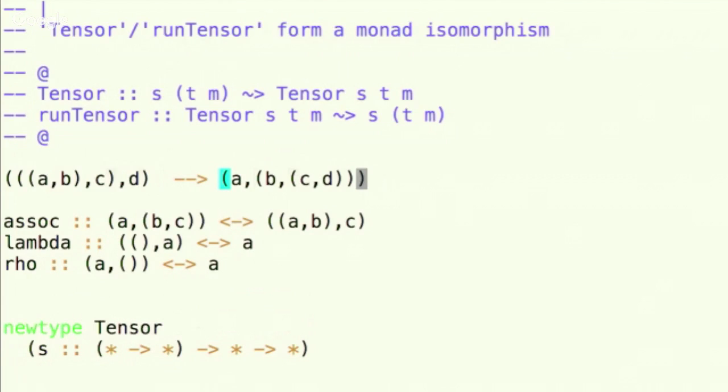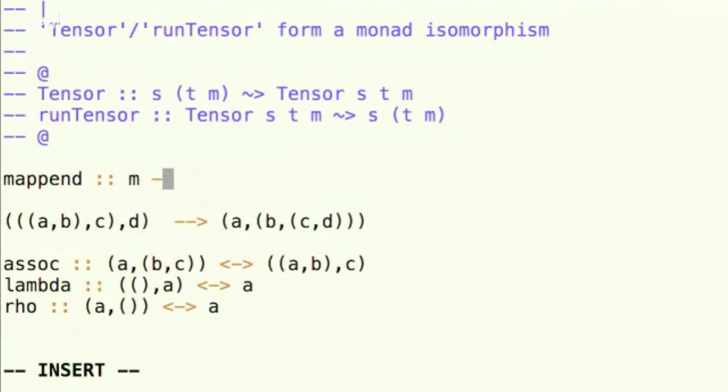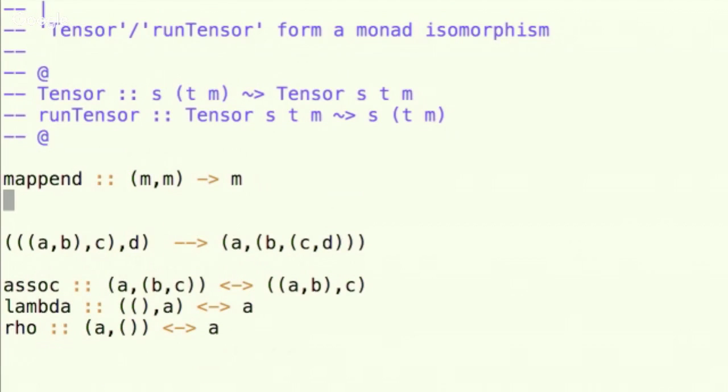That has to commute, and a couple little triangle diagrams have to commute, but they're all the obvious things, right? You need this associativity and you need a unit. And it's kind of the place that you build monoids: if you think about it, append, we write it as M to M to M, but this is sort of M comma M goes to M. And what's the unit for tuples?